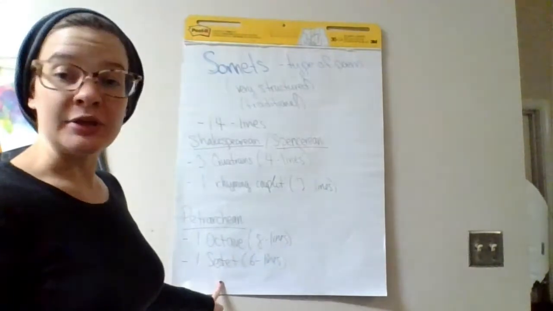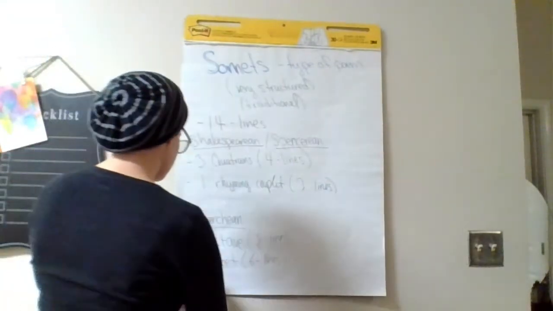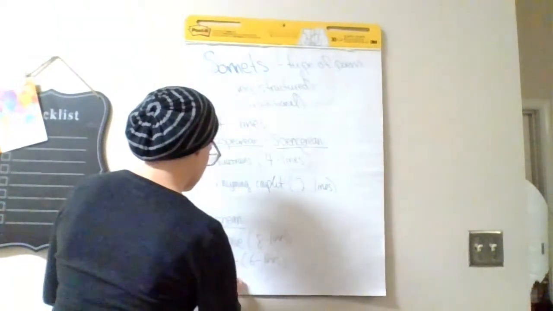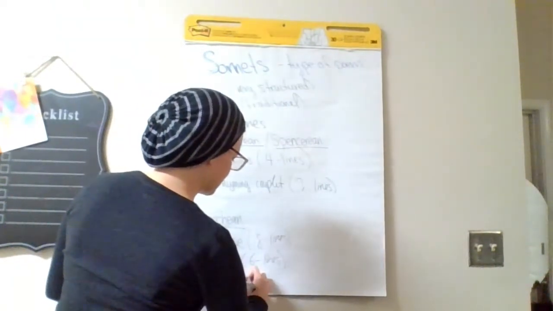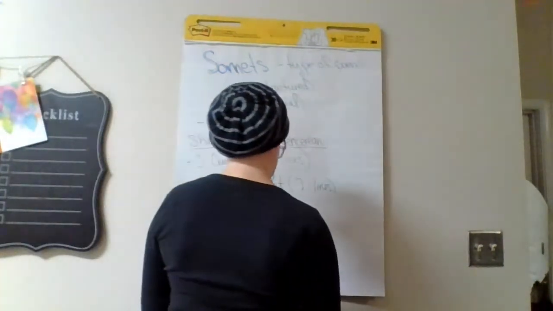Fun fact about the Petrarchan, they also have what's known as a volta. And this happens between lines 8 and 9. So a volta is a turning point or a changing point.